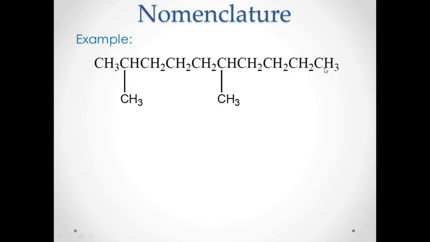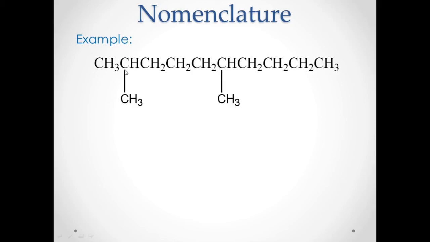If you number this as 1 to 10, your substituents would have the numbers 5 and 9. While if you number on the opposite side, your substituents would have the numbers 2 and 6, which is smaller than 5 and 9. So the numbering should be this way.